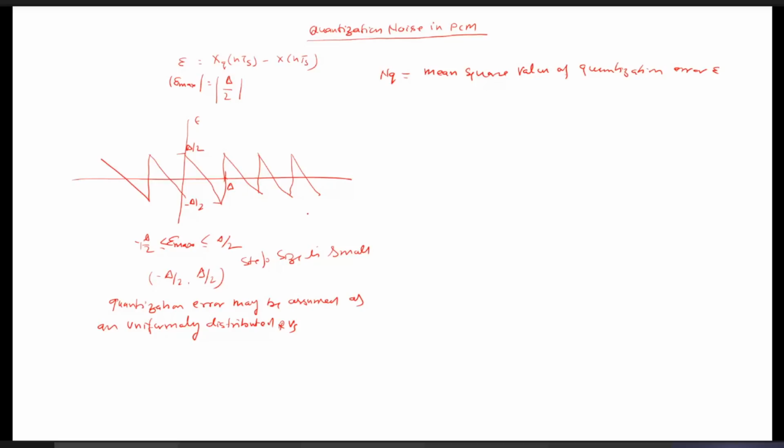Noise is a random process, so Nq we can write as the expected value of epsilon square, which is nothing but the mean square value.